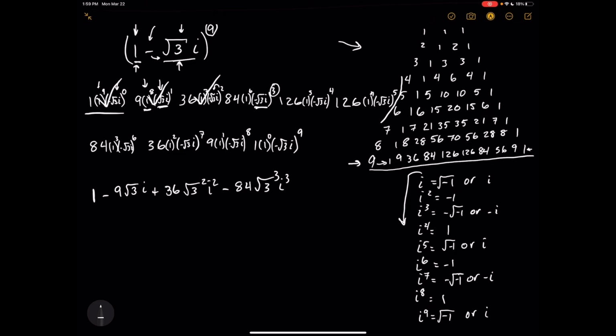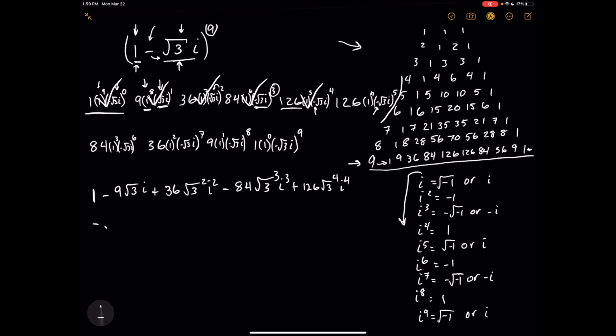Okay, and then the next one is 126. And I see an even power with this negative, so it's going to be plus 126 root 3 raised to the 4th power, i raised to the 4th power. All right, so I'm done with that. Got to check everything off. And then I have another 126, which is negative with an odd power, so it will be minus again.